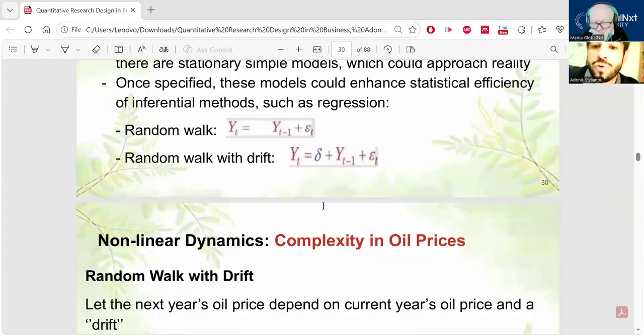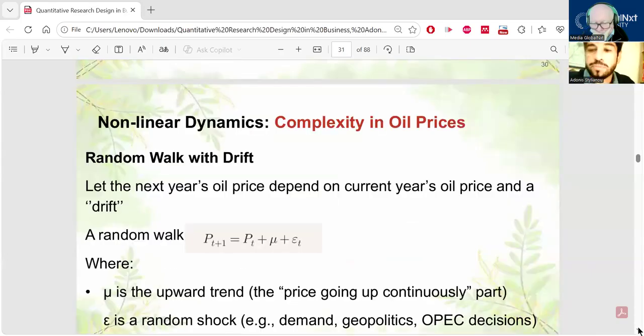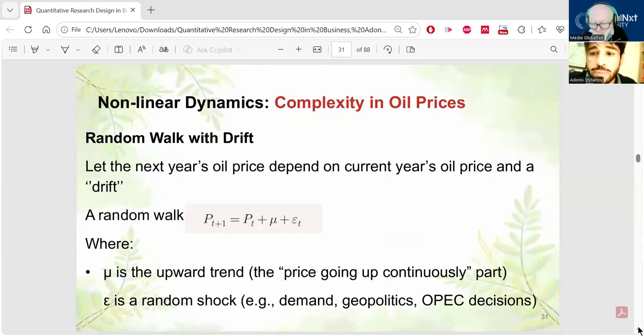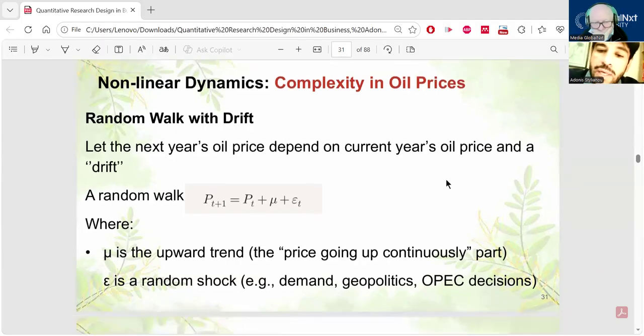And the proof for that is that nowadays energy economists around the world are using this particular model, the random walk with a drift, in energy economics. You can see that people try to model oil prices, try to understand the upward trend, continuously increasing oil prices, and they are using this simple model.